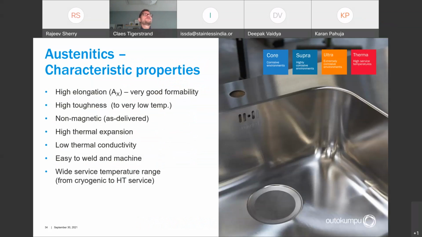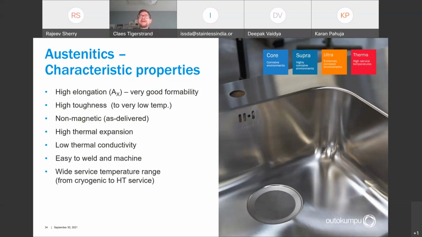So to summarize the austenitic grades, the characteristic properties. Obviously, with a high nickel content, you have the austenitic structure, you have the highest elongation values and very good formability, as we can see to the right, to be able to form the bowl of a sink.